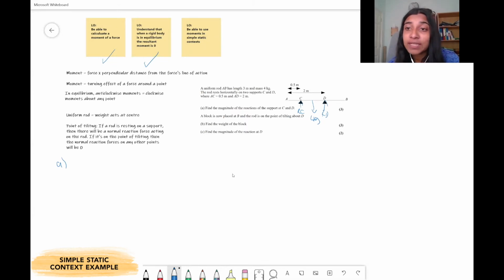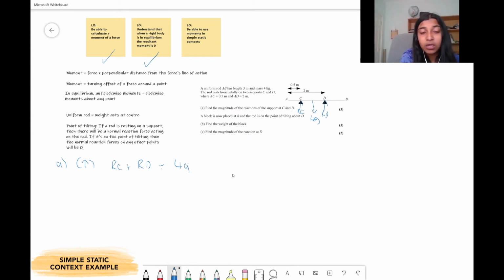If we resolve vertically, this should equal 0. So we could say our upward forces, RC plus RD, will equal our downward forces, which is 4G. So now we want to take moments. You could take moments about either C or D, it doesn't matter, but let's try taking moments about C.